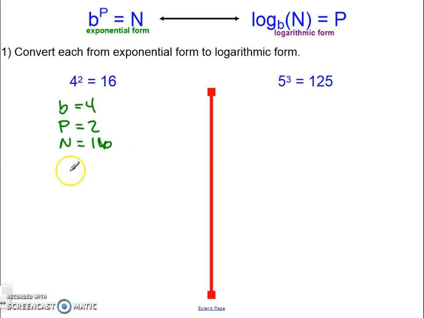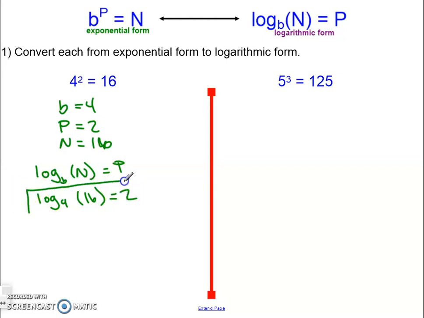So knowing all of that, again, logarithmic is log subscript base of your number equal to your power. With that being said, in this particular case, it's going to be log base 4 of 16 is equal to 2. And that would be the answer.